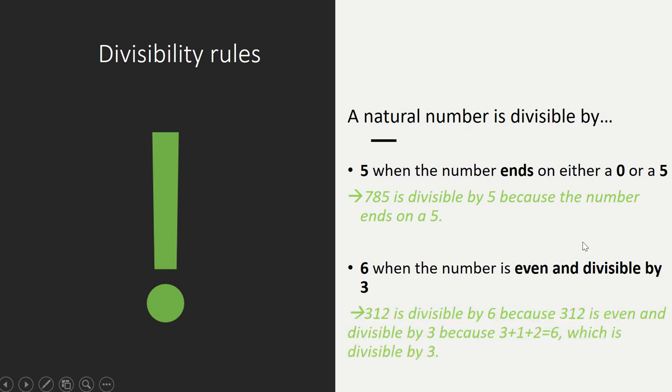So 312 is divisible by 6 because 312 is even. I can divide 312 by 2 and getting a natural number as answer. And, again the and, it is divisible by 3.